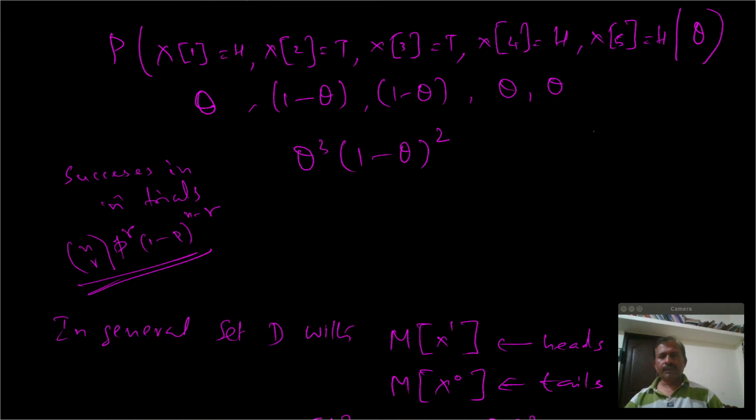So we are assuming that the distribution is IID, independently and identically distributed.